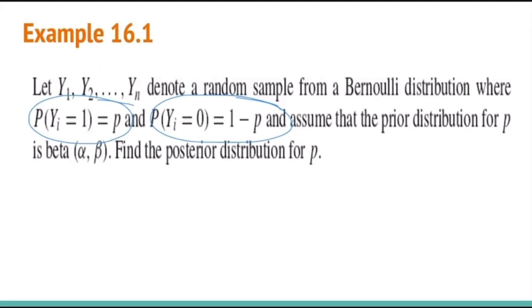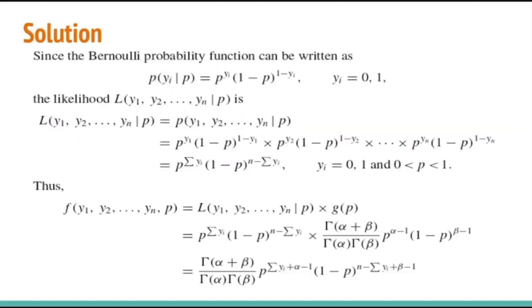When I select a random sample y1 up to yn, each has a possible outcome: they either approve of the job the president is doing or not. So we have a label of 1 and 0, because that is binomial in nature. We assume the prior distribution is a beta, just like what I did the other time, and find the posterior.